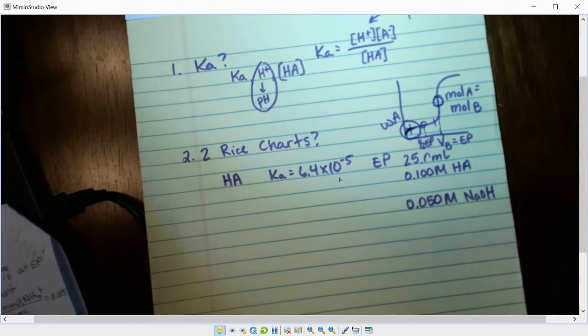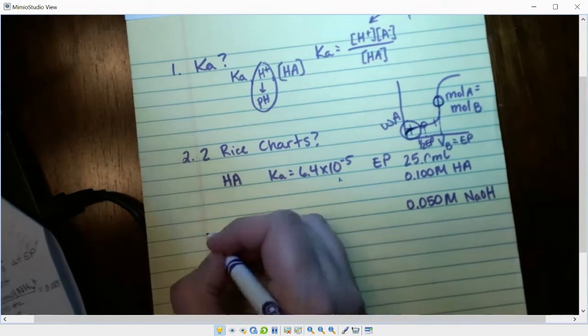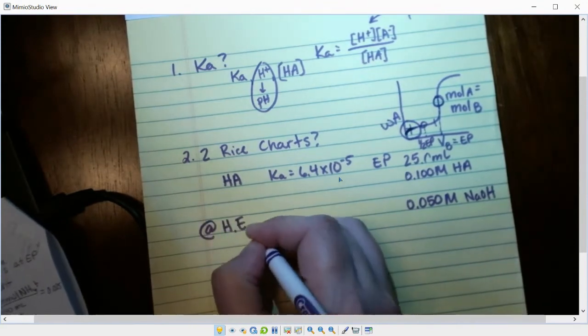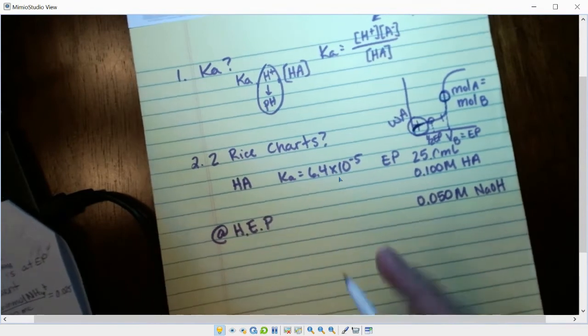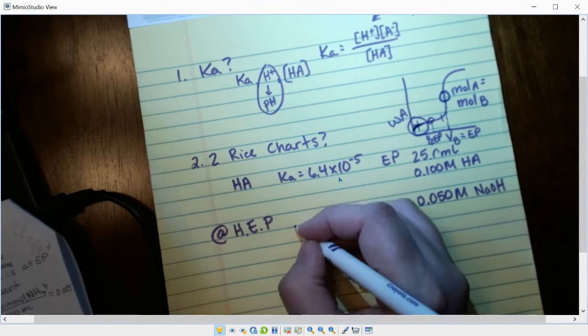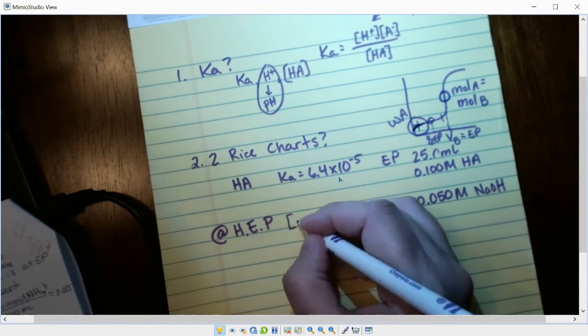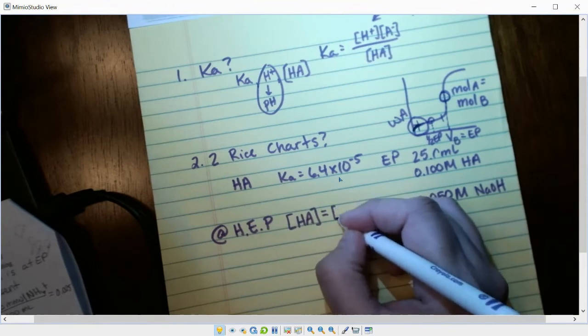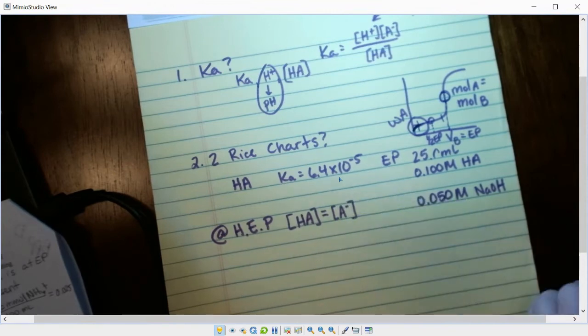And there's something interesting about that half equivalence point. At the half equivalence point, I'm going to say HEP, this is where, if we think in terms of the Henderson-Hasselbalch, the concentration of HA, which remember is weak, is equal to the concentration of A minus.